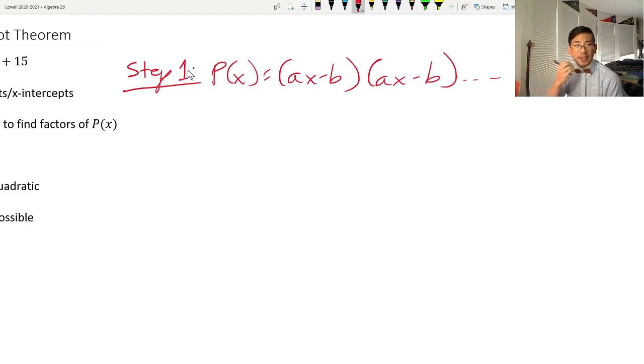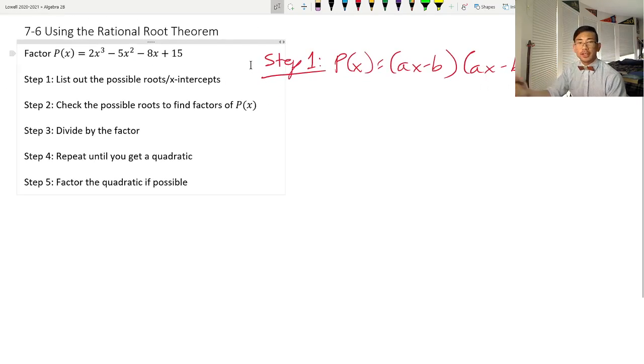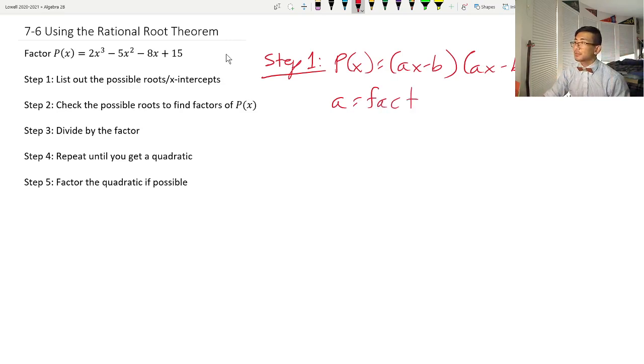Well, they're not all going to be the same, but what I do know is that when I multiply all the ax's together, all the leading coefficients, I need to get 2x cubed. And so all the a's have to be factors of 2.